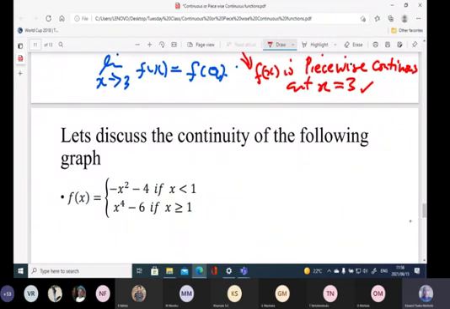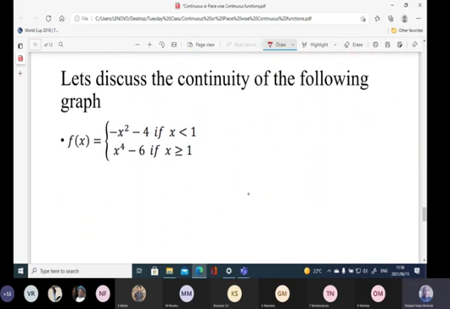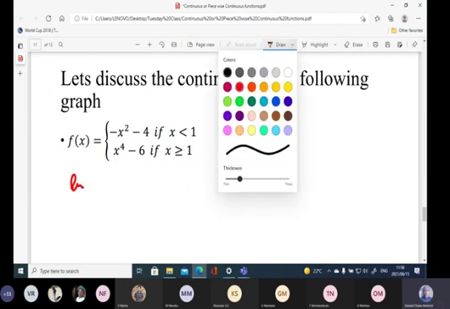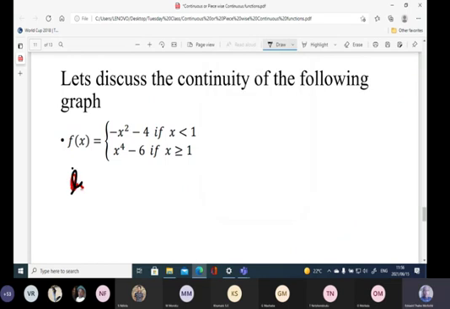Now, this one, they say discuss the continuity. I'm just trying to reinforce the previous one. Let's check this one. We have to check the limit. The limit as x approaches 1 from the negative side.